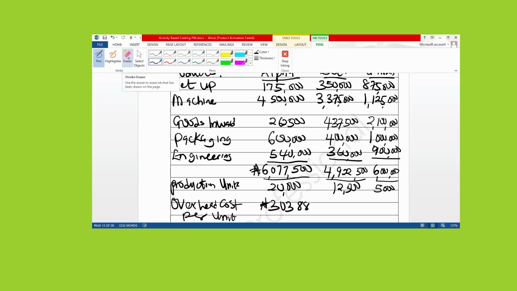For Beta, we have 393.8. Next, 1,200 for Gamma. You have gotten your overhead cost per unit of product using activity base.